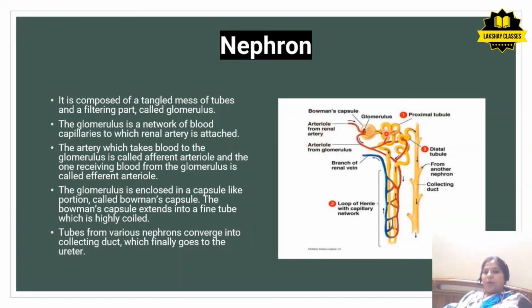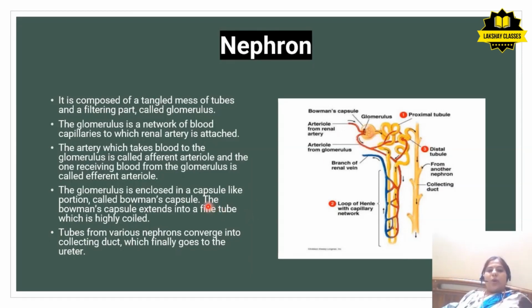The artery, as all of you know, carries oxygenated blood. The artery which takes blood to the glomerulus is called the afferent arteriole, and the one receiving blood from the glomerulus is called the efferent arteriole.